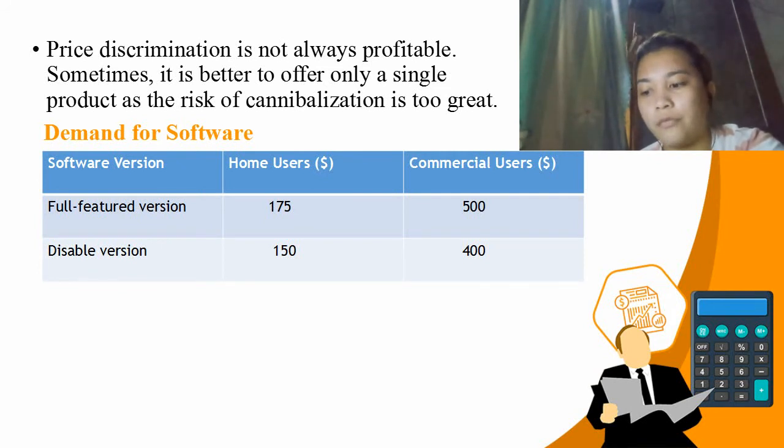This example shows that indirect price discrimination is not only a pricing issue, but also a product design issue. We avoid cannibalization by making the lower priced version as unattractive as possible to commercial users by disabling the features most important to them.